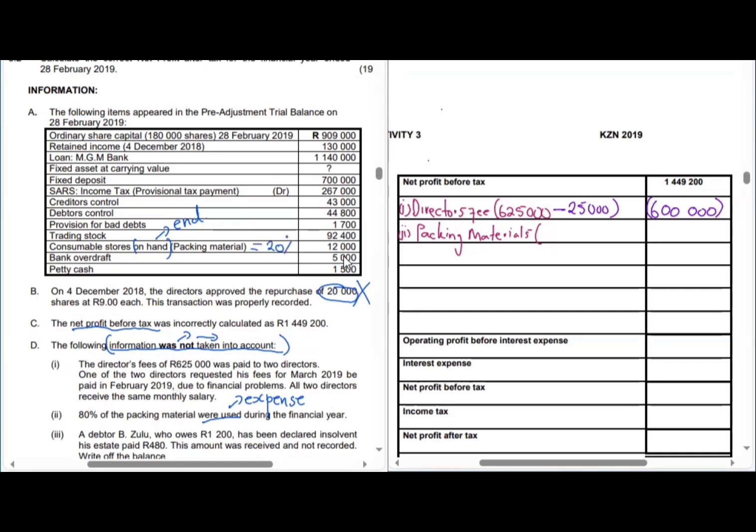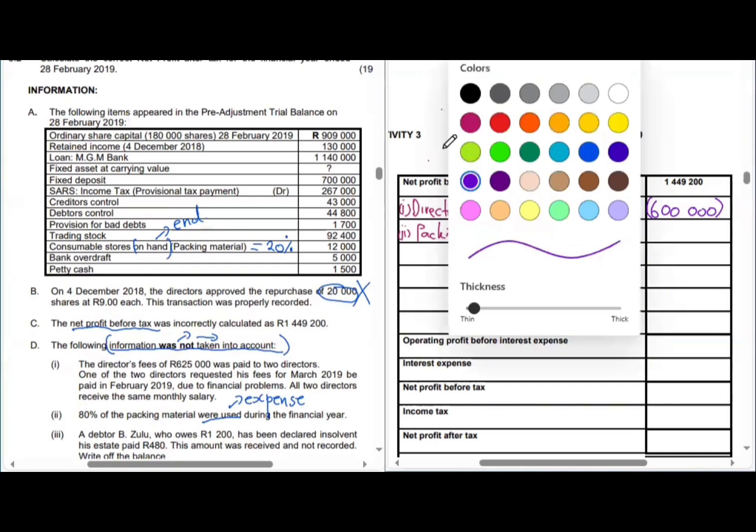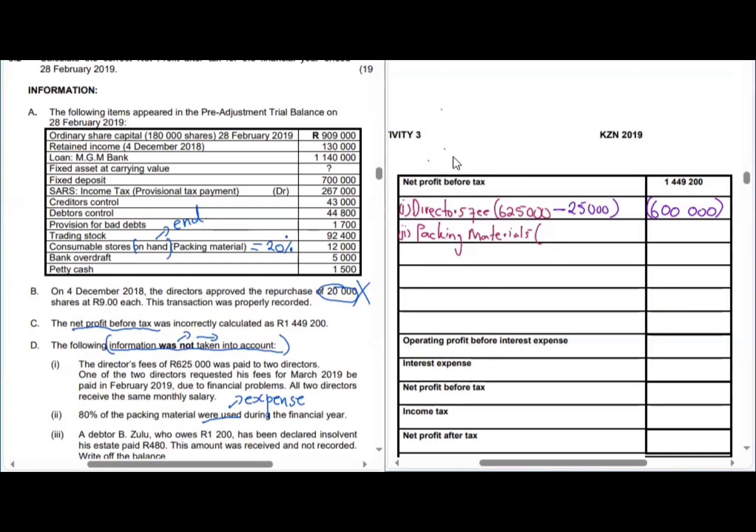20%. Now, in order for us to calculate packing materials that have been used, because now they are regarded as assets, we are going to say our 12,000 multiplied by what we are looking for. We are only looking for 80% over what we have, over 20%, because this 12,000 is packing material on hand. What is left in the business? So over 20%.